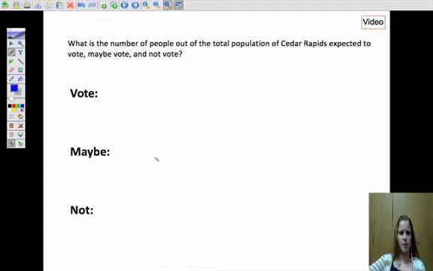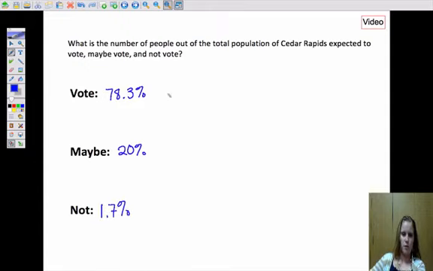So what is the number of people out of the total population of Cedar Rapids that is expected to vote? If we go back here, the voting was 78.3%, the maybes were 20%, and the not was 1.7%.